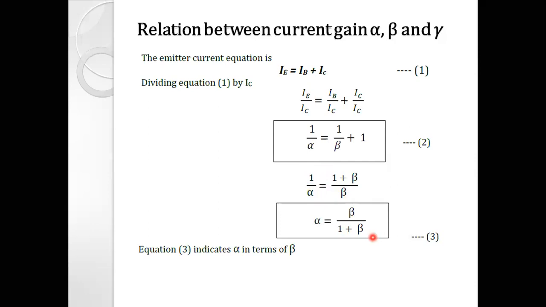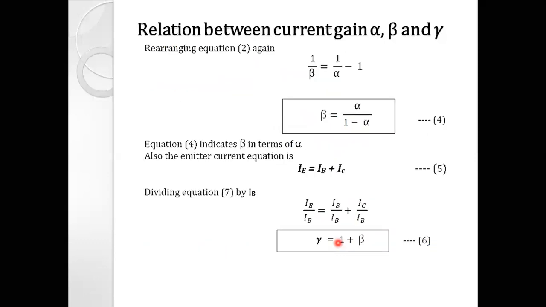That shows the relation between current gain alpha and current gain beta. Current gain alpha is the current gain when the transistor is in the common base configuration, and beta is the current gain for the common emitter configuration.